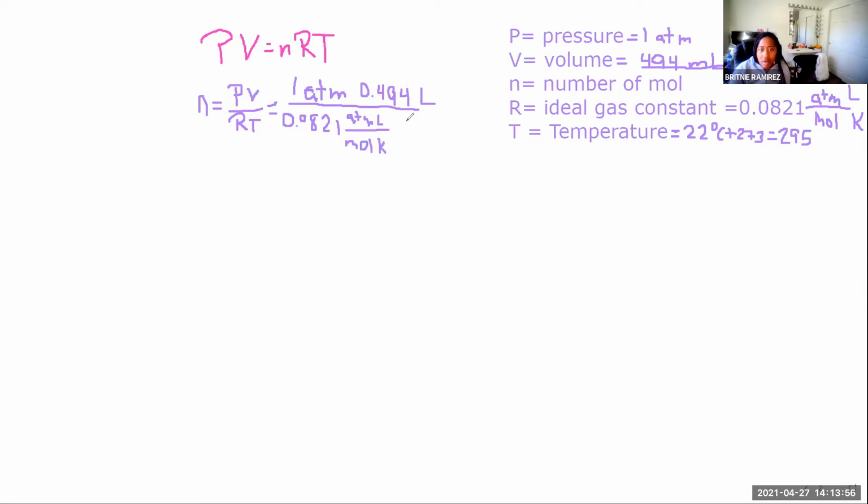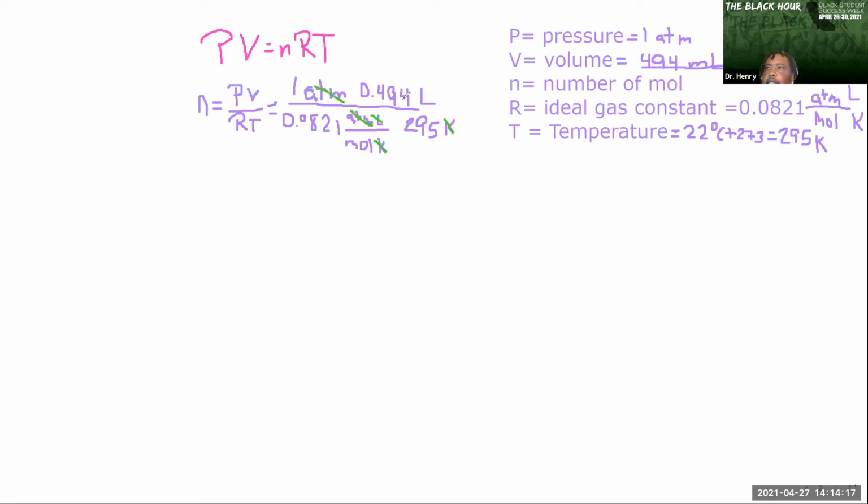We make sure our units are canceling out. Those Kelvins are going to cancel out. We leave the moles. ATM, liters cancel out. So then our value is going to be for N.